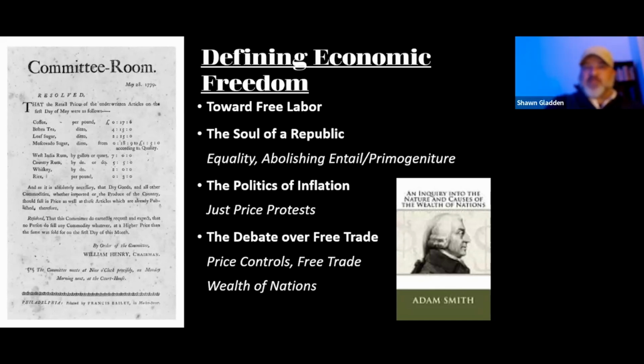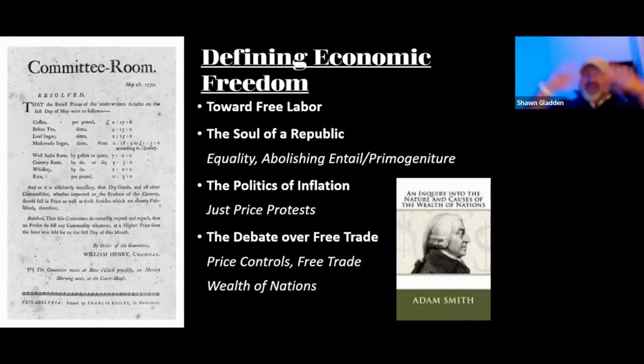Many working people and farmers responded with just price protests, demanding that merchants sell goods at reasonable, stable prices. These protests reflected the belief that economic freedom did not mean unchecked profit seeking, but should align with the common good. Merchants, however, argued that inflation and scarcity justified higher prices, igniting a debate about the balance between public welfare and market freedom.